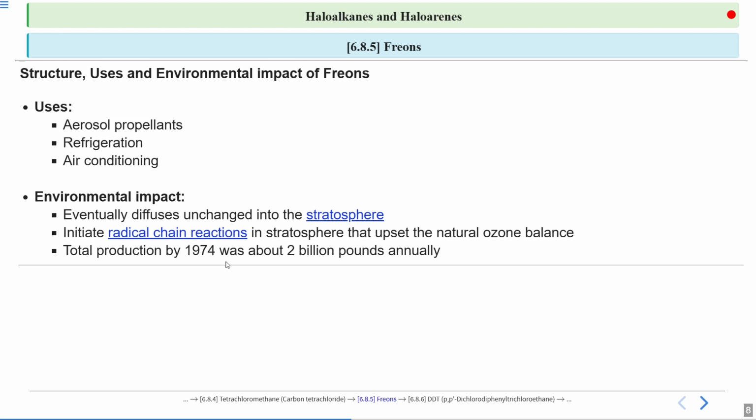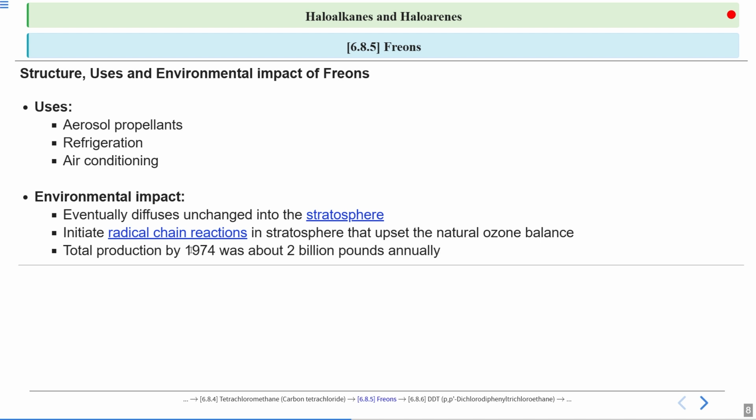Up to 1974, the production of freons was about 2 billion pounds per year, and after that we have increased the use of freons because we have increased the use of refrigeration, air conditioning and cooling systems in our day-to-day life, due to which the production of freons also increases, which will have a bad impact on the environment.